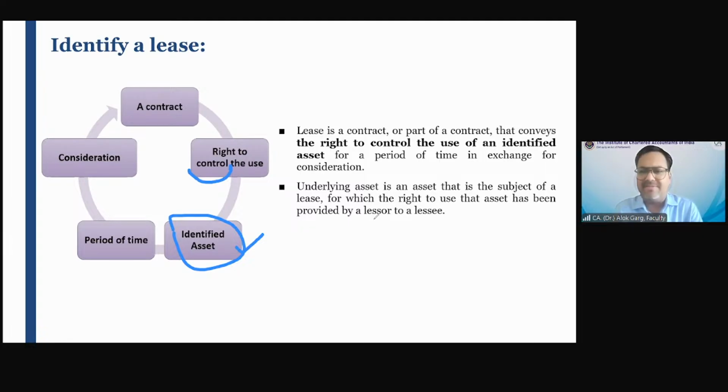So what happens if a lease is not a lease within purview of Ind AS 116? Then how will the accounting happen? Any idea?